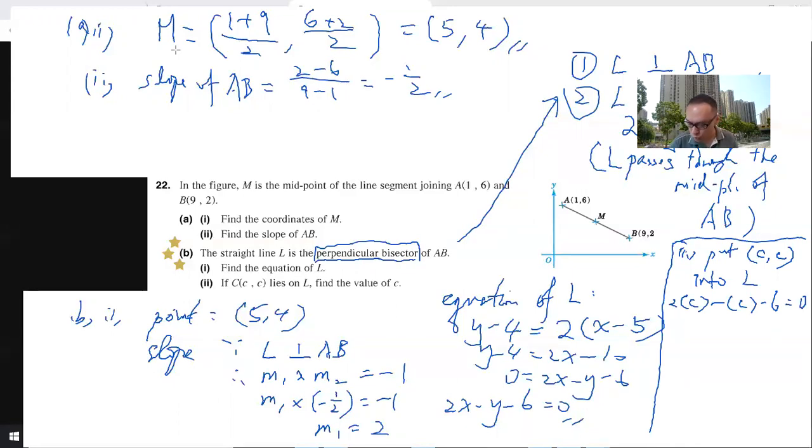Okay? So 2C minus C is C, minus 6 is 0, which means that C should be equal to 6. That is how we can find value of C.